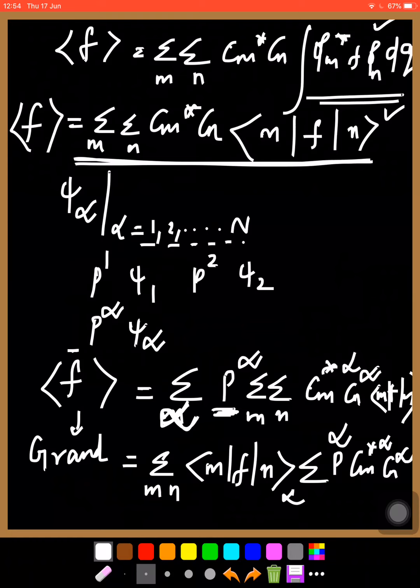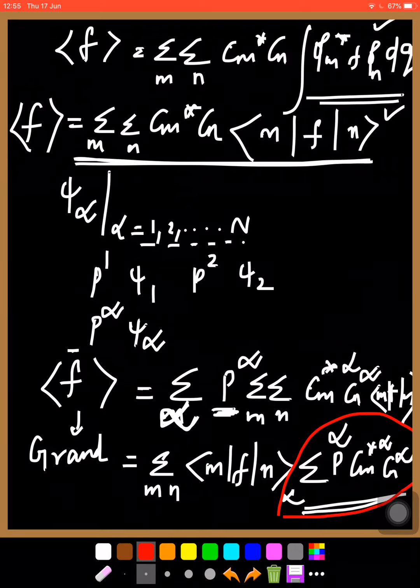And this is a density matrix. These are the elements of density matrix: sigma alpha P alpha cm star alpha cn alpha. These are the elements of density matrix, and comparing with the general expression for ensemble average.